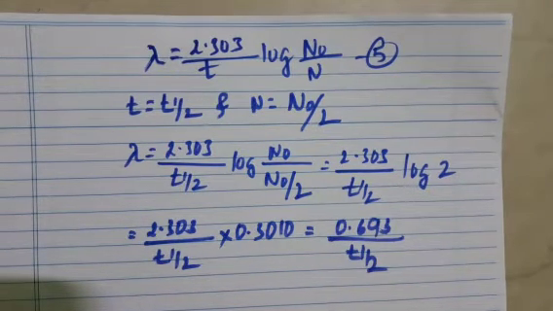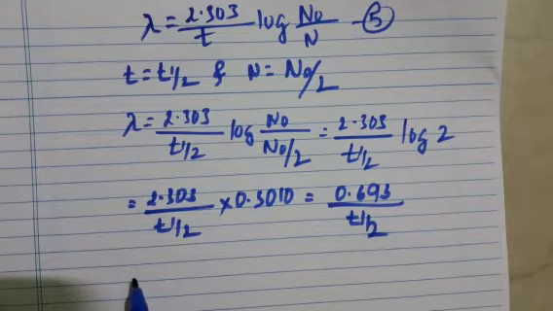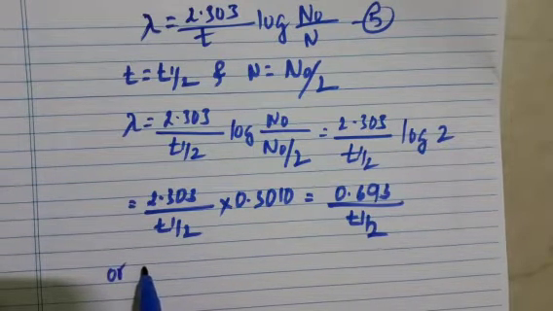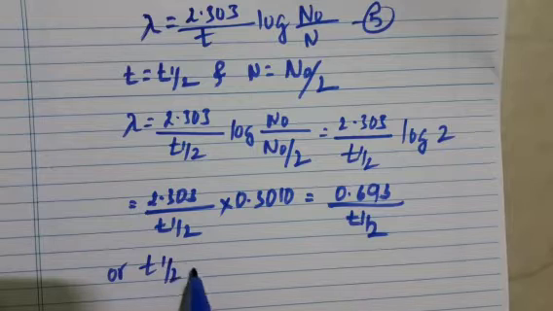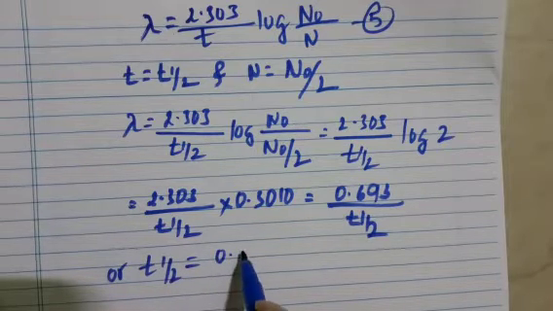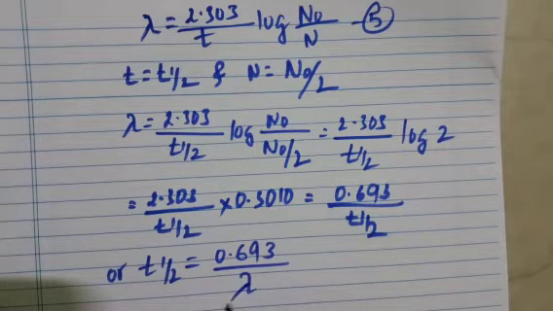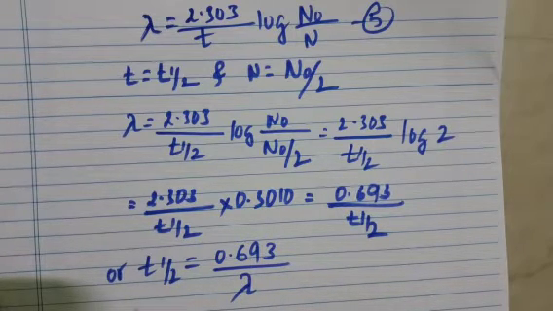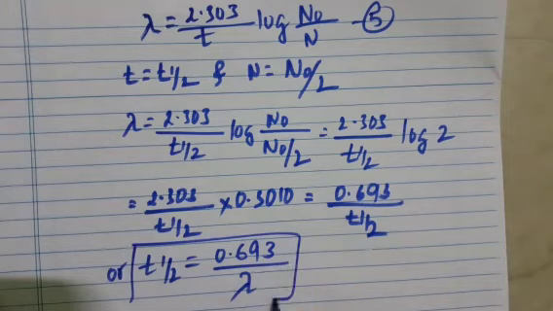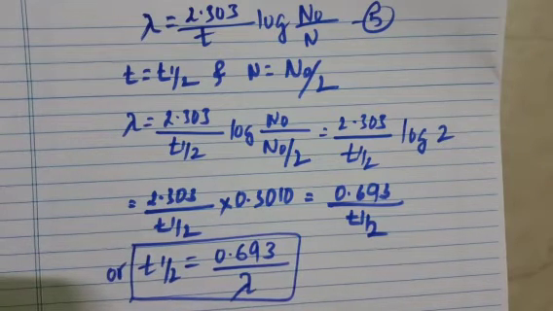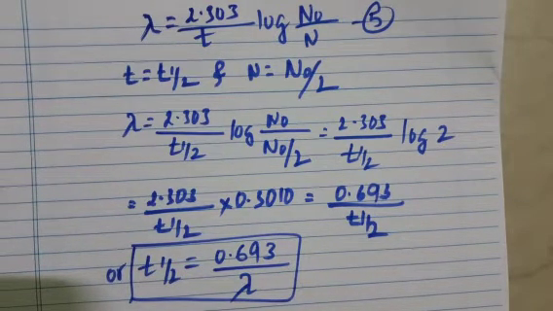Or t half is equal to 0.693 divided by lambda. So this is the expression for the calculation of the half-life period.